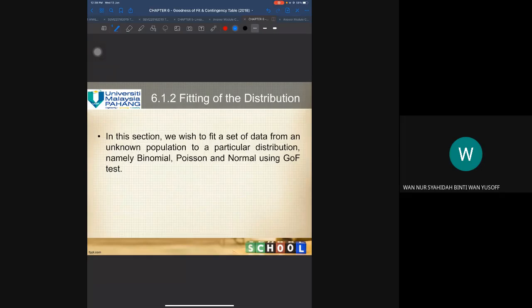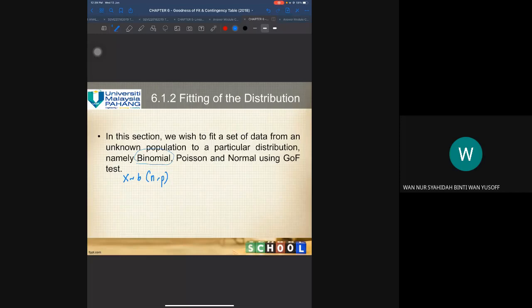So for the binomial distribution, we have 2 parameters. So your data is distributed as a binomial with n and p.